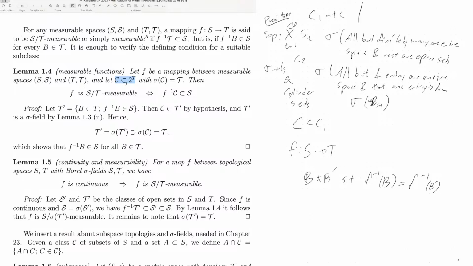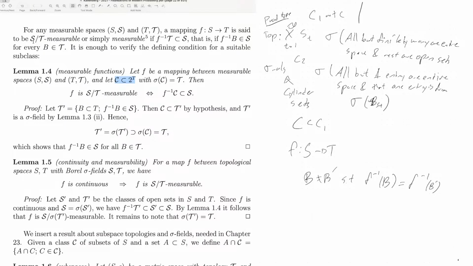Let F be a mapping between measurable spaces S and T, and let C be a subset of 2 to the T, such that it is a basis for the sigma algebra. Then F is S/T measurable, I see.